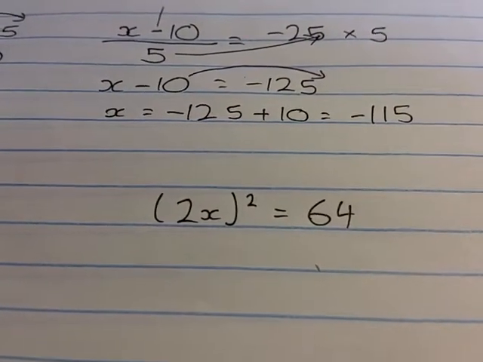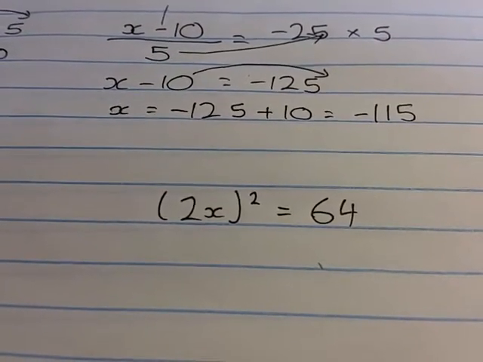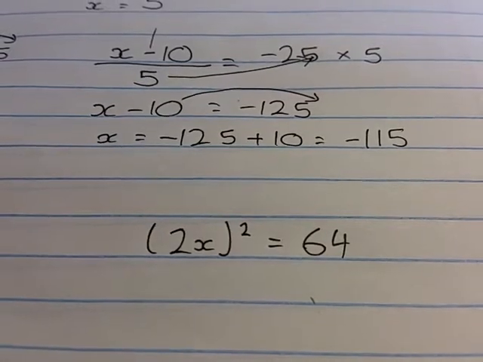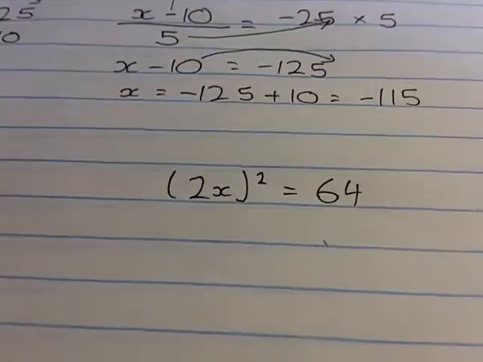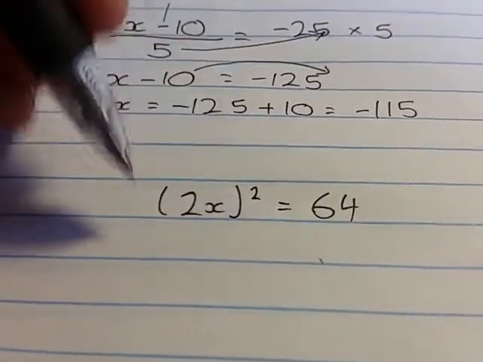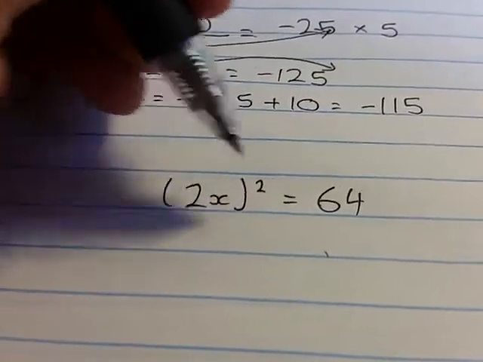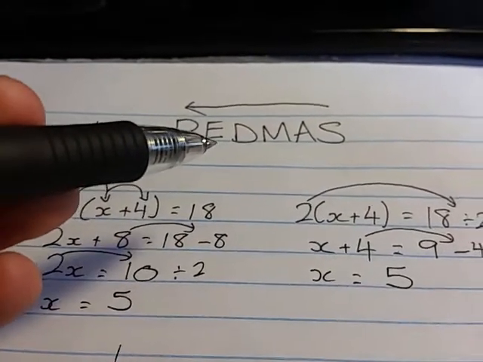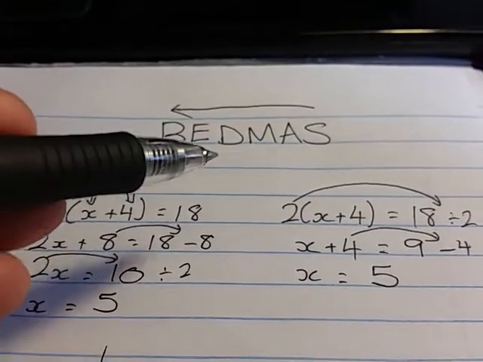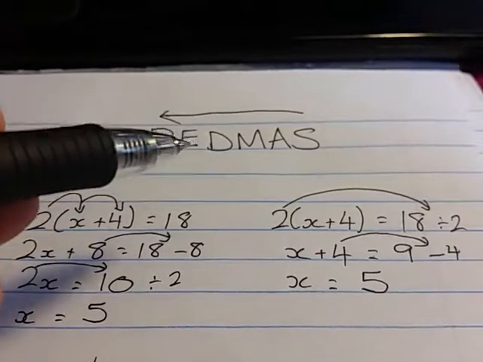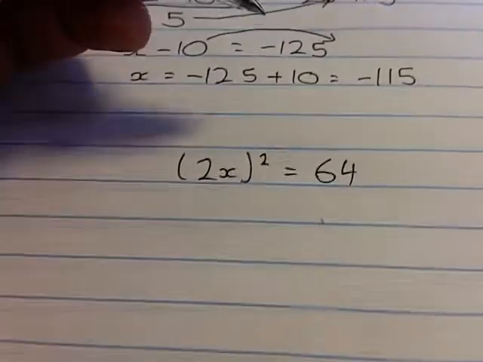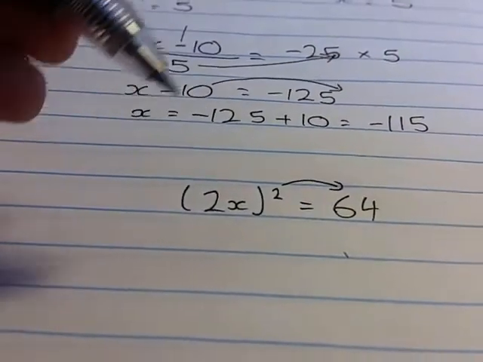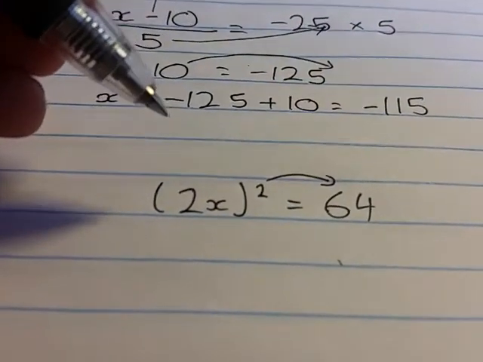And here we have 2x in a bracket being squared, and that equals 64. So because this square is affecting everything, and because exponents come after brackets in a normal BEDMAS, in reverse BEDMAS, exponents will move first. So the opposite of squaring is square rooting.